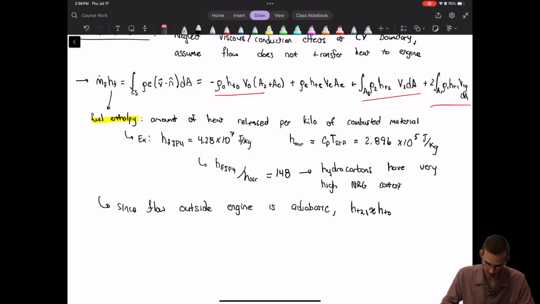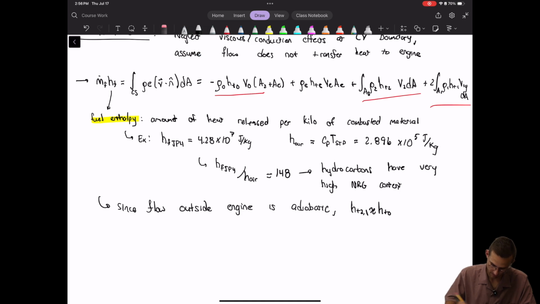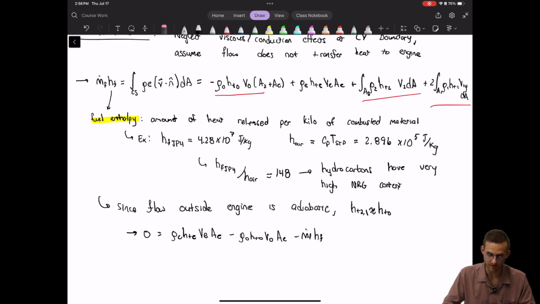So in the original equation, those go away, and you're left with 0 equal to rho E HTE VE AE minus rho naught HT naught V naught times AE minus m dot F HF. Those two complicated integral terms go away, and you lose the A2 portion of the rho naught term.